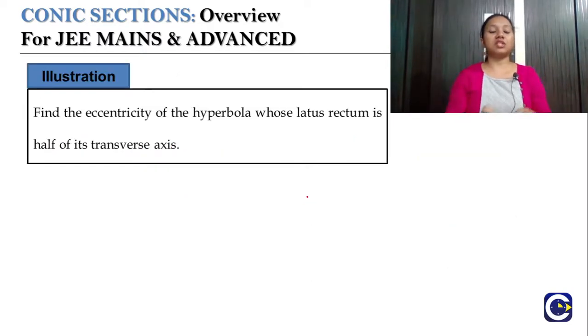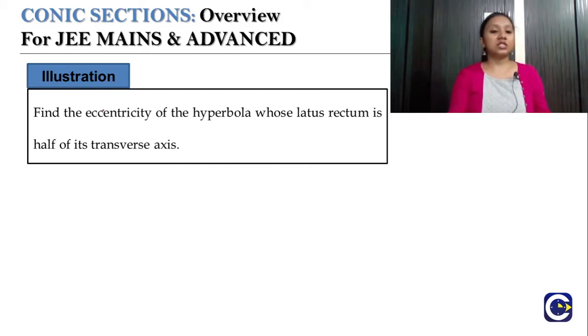So we have discussed the introduction to the hyperbola and the standard terms and their corresponding formulas. Now let's have a look at the type of question we can expect with respect to the important terms related to hyperbola.